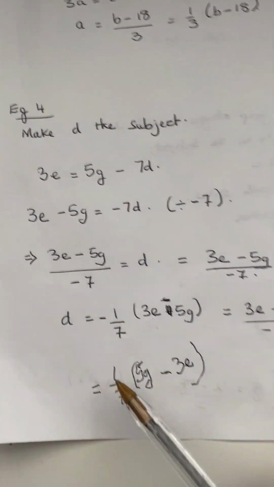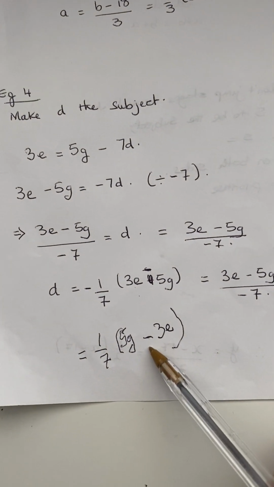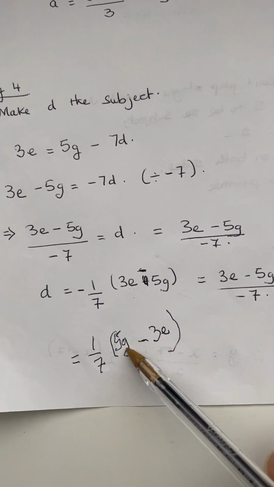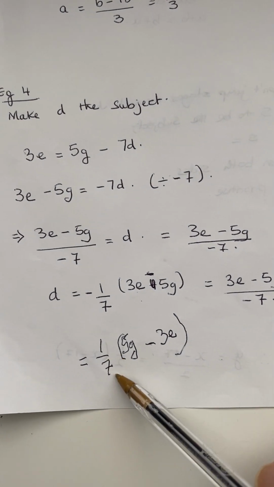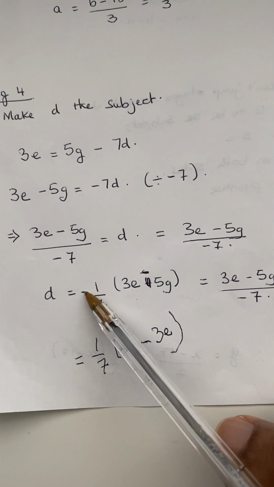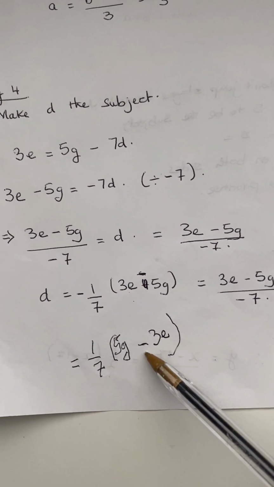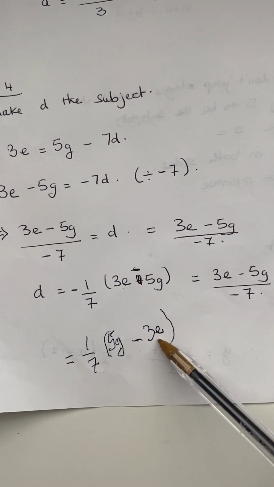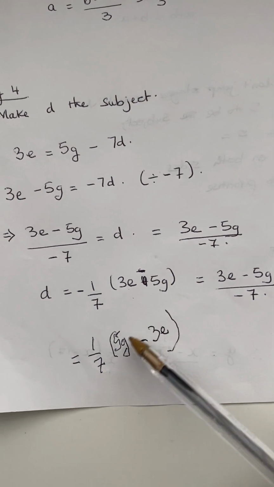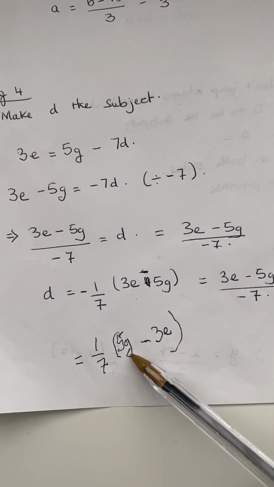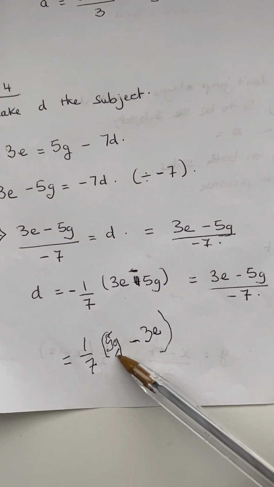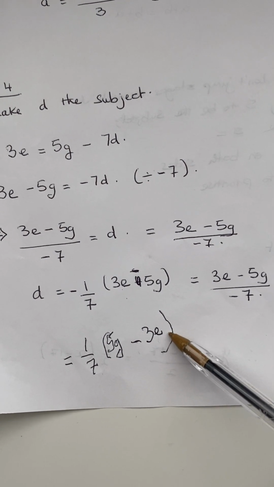So if I have 1/7, to remove the minus, I can flip it around and then have a positive sign here. This and this are the same. If I multiply minus by 3e, I have minus 3e. If I multiply minus times minus 5g, I have plus 5g. So I can get rid of the minus and flip it around: 5g minus 3e.